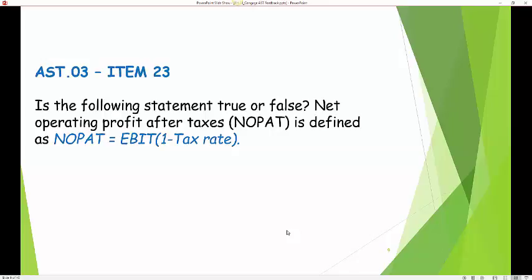One major distinction that finance types make is the distinction between running the assets, using them and making profit from the assets, and financing the assets. So this NOPAT number that's created by financial analysts isolates the amount of income after tax that assets generate before financial considerations.